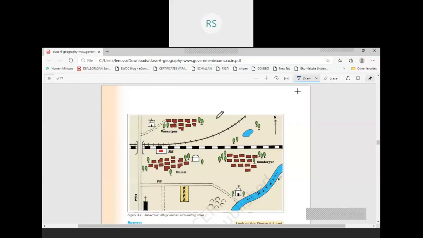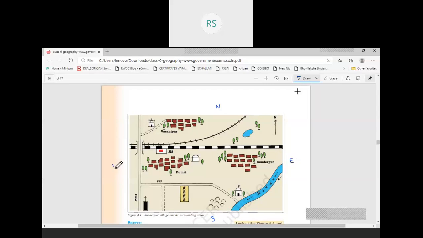This is the north direction. Okay, I'm just writing it. This is the north direction. This is the south direction. This is the east, and this is the west direction.